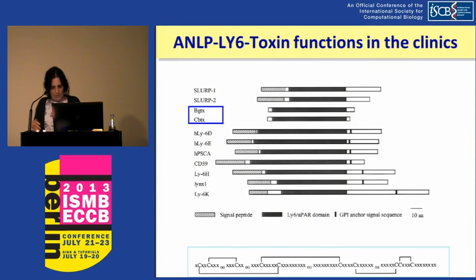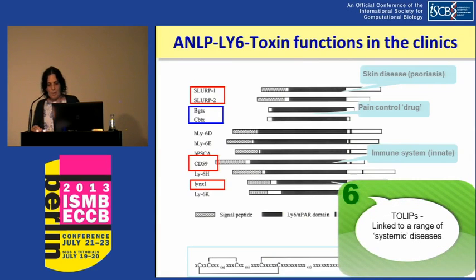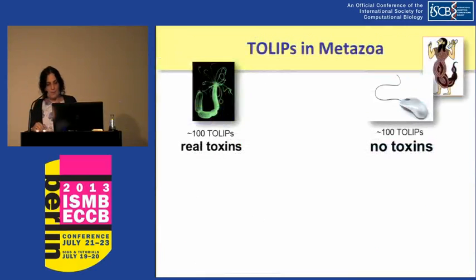We show you that there are many more to this family, the Ly6, the ANLP, and so on. They all look quite the same, but look at where they are involved in disease, in pain, in immune system, in Alzheimer, despite the fact that they look the same. So TOLIPs leads to a range of systemic diseases and functions.